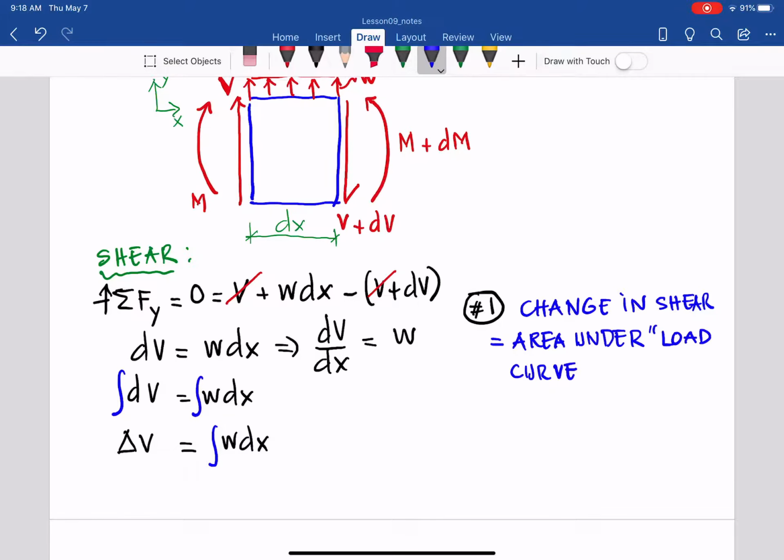So that is from delta V equal to the integral of w dx.